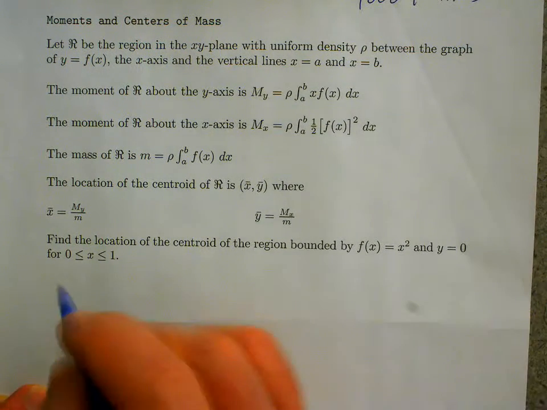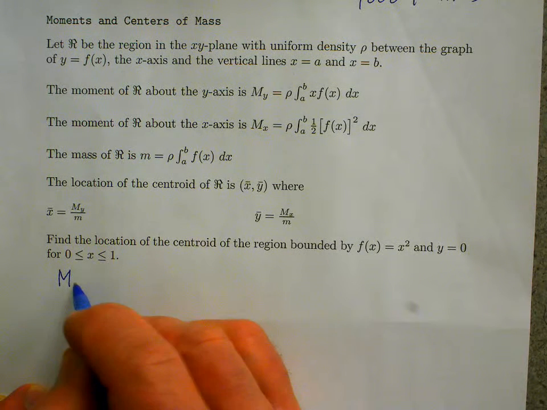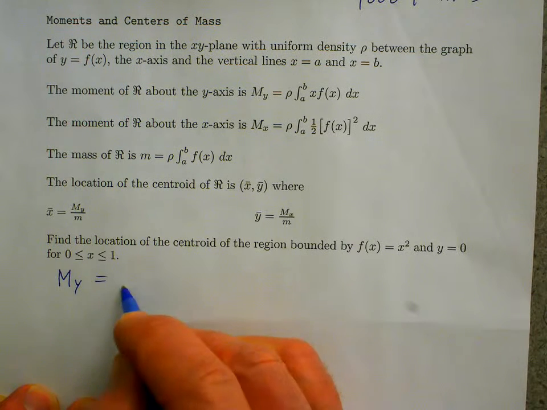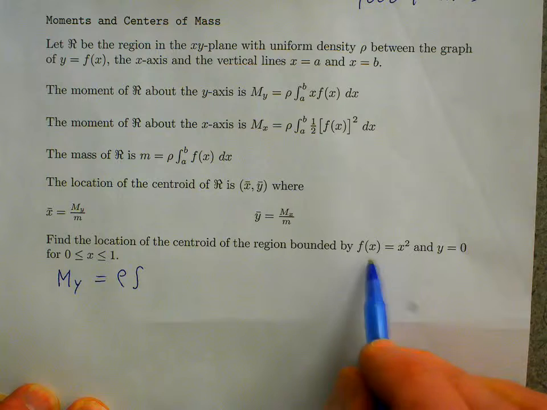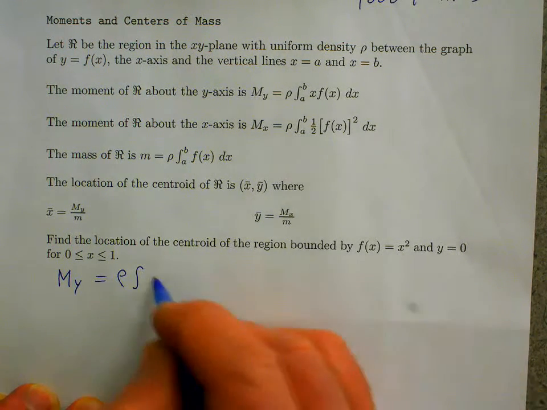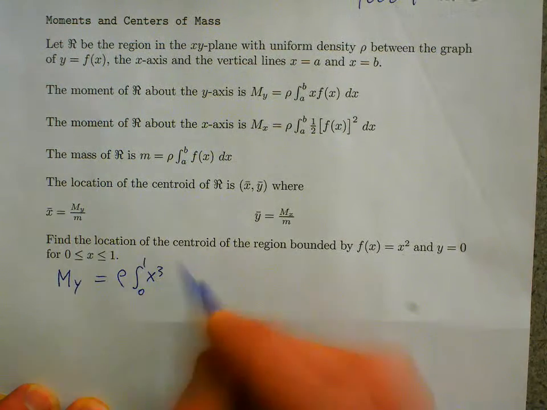Okay, so the moment of that region about the y-axis is just rho times the definite integral of x times f of x. So x times x squared is x to the third, and then from 0 to 1.